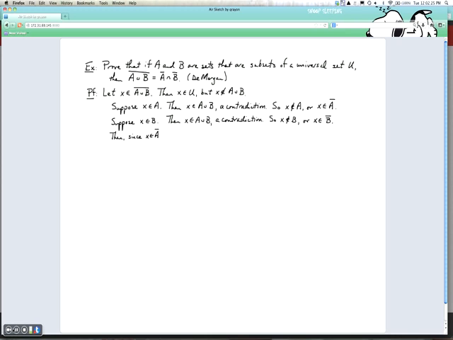Then, since X is in A complement, see where we're going with this is I want to show that it's in A complement intersect B complement, so I need to show it's in both of them, which I just did. So since X is in A complement and X is in B complement, then X is an element of A complement intersect B complement.